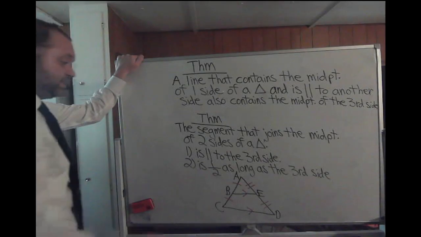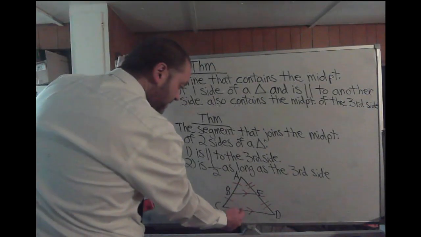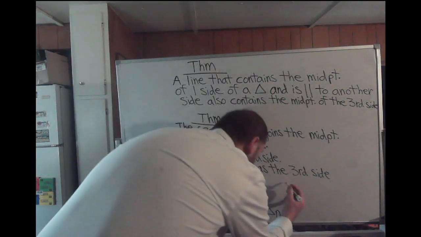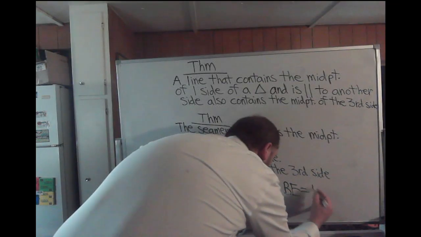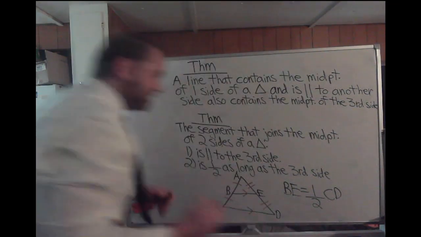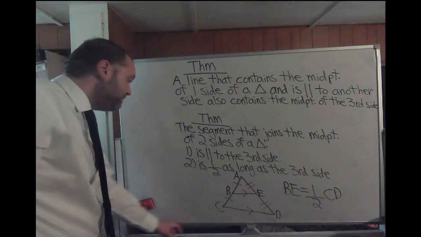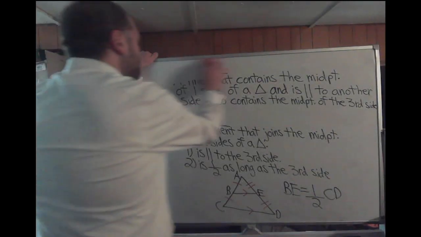Part 2 is that segment BE would be half as long as the third side. In other words, BE would be equal to 1/2 of CD. That's what that means. We're going to put these into practice with some exercises also.